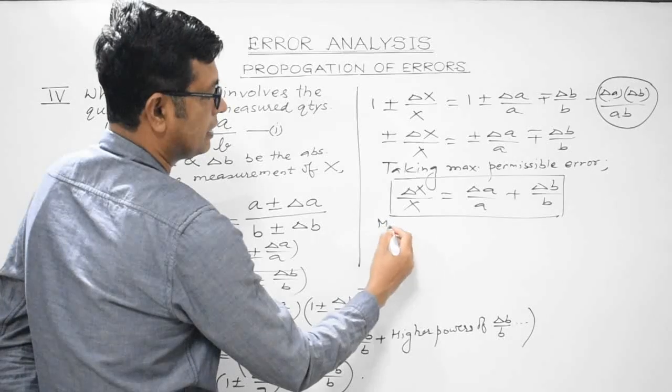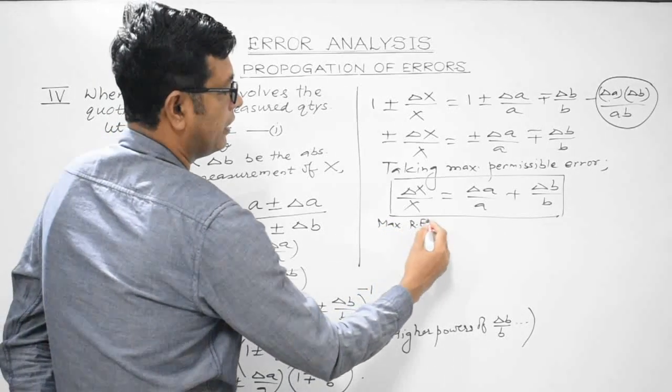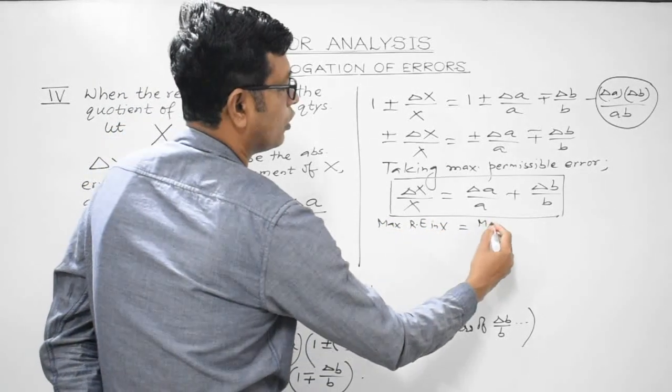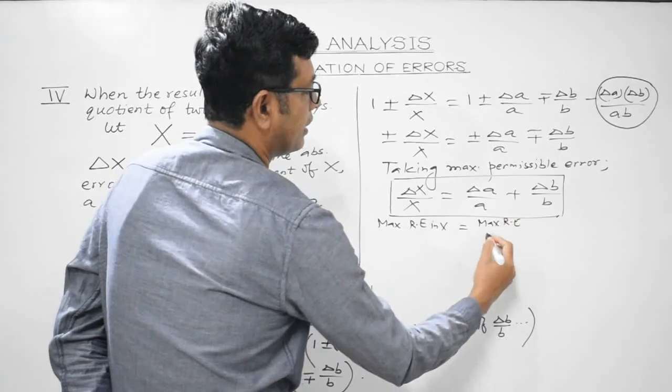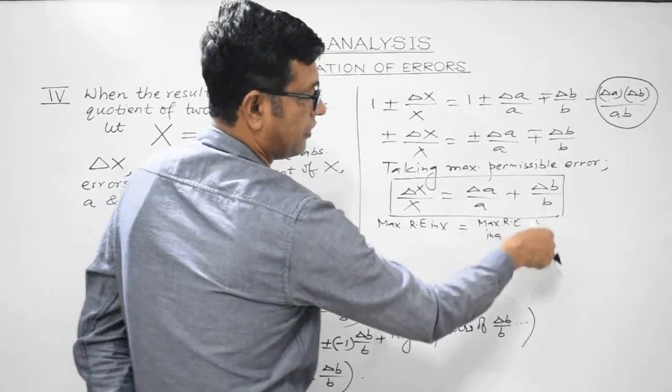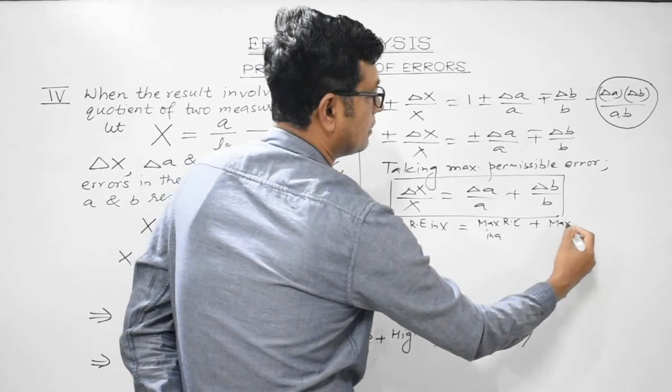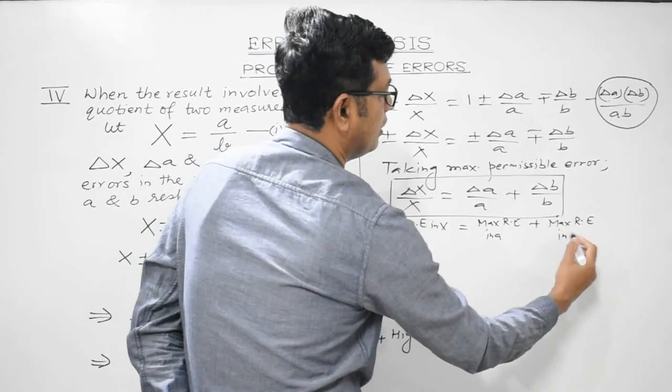The maximum relative error in x is equal to the maximum relative error in A plus, this is the fractional or relative error, the maximum relative error in B.